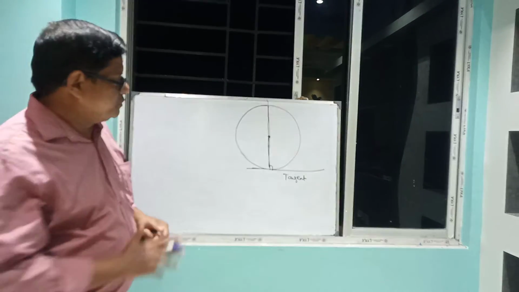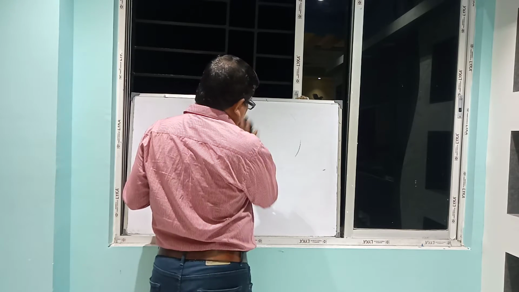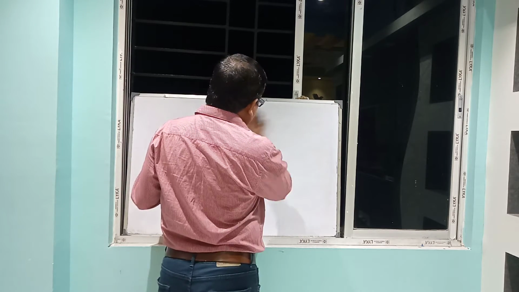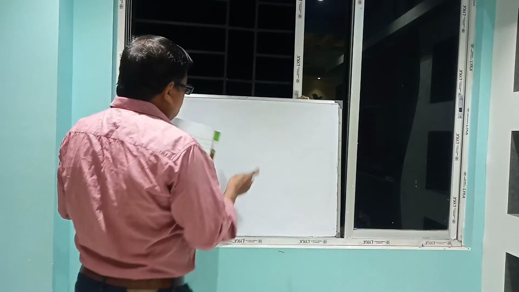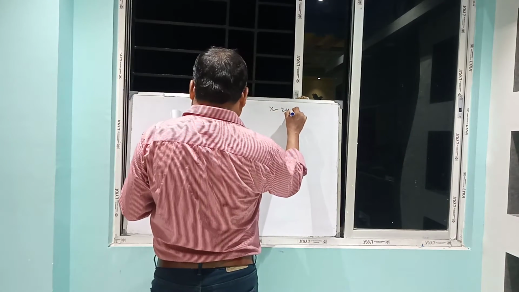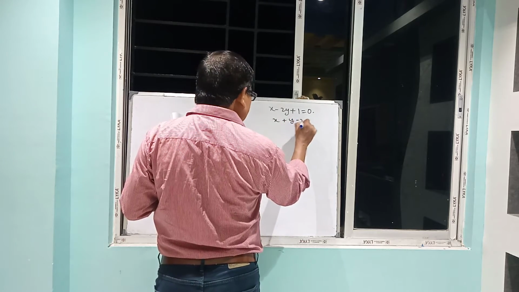Now I am showing one sum. Look here. Two diameters are given: x minus 2y plus 1 equal to 0 and x plus y minus 2 equal to 0.